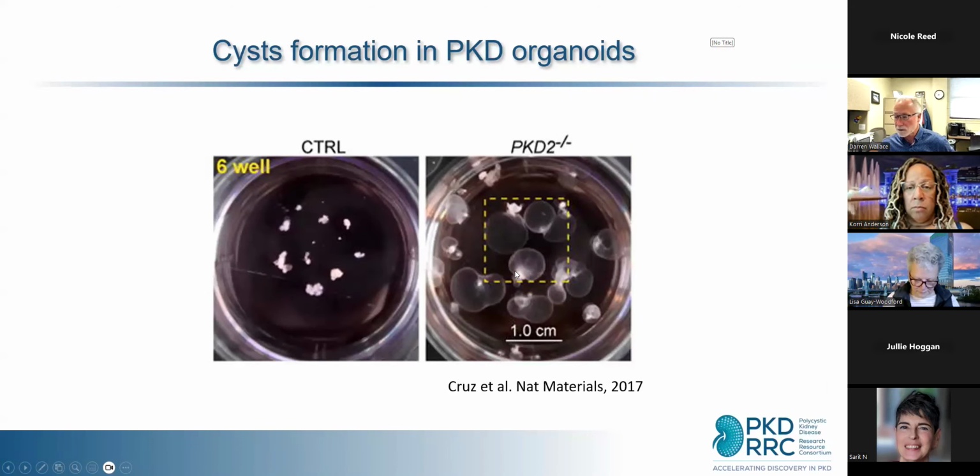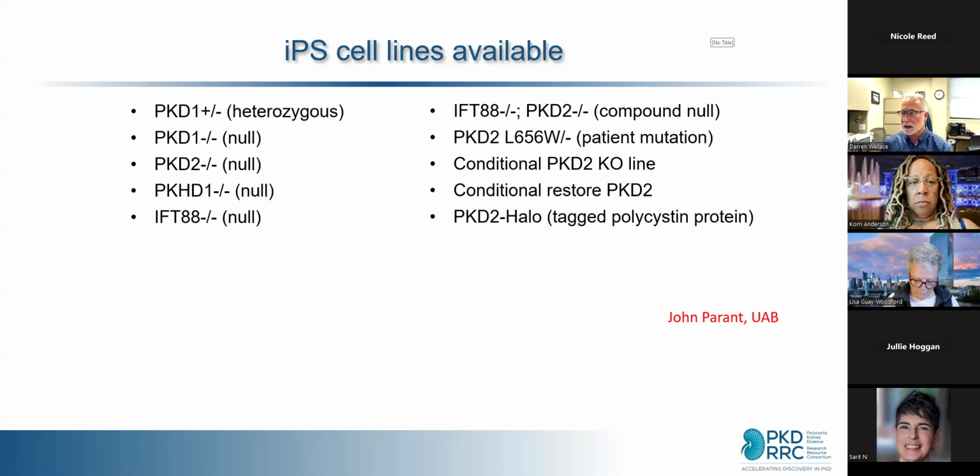And he actually was able to demonstrate that these cells have the capability of forming quite large cysts in culture. And so a lot of people are interested in using these organoids to test different hypotheses and perhaps even therapeutic agents. And so John Perrant at UAB has been in the process of generating a lot of iPS cell lines and making them available to investigators.